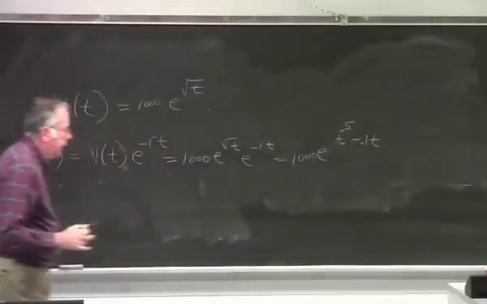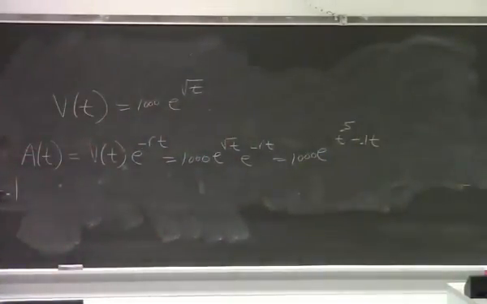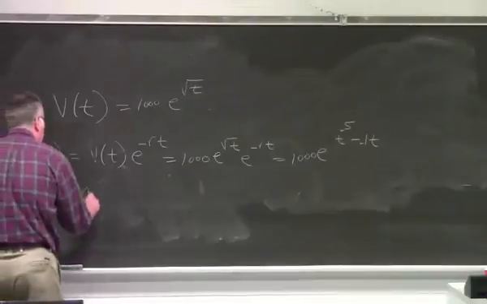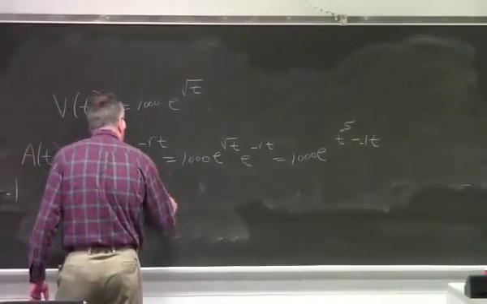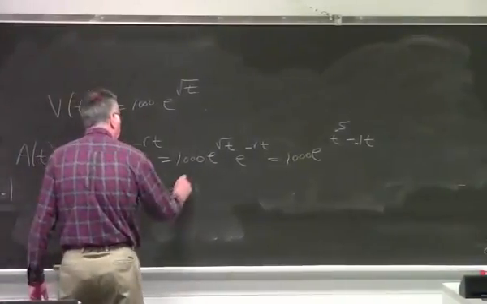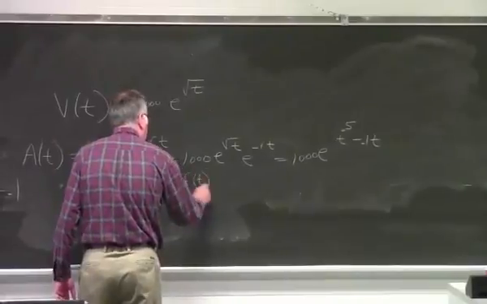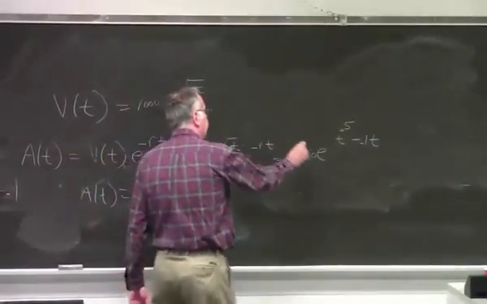Because if you write t to the 0.5 power, then you just use the power function rule to differentiate. So now this is in this form. A of t equals 1,000 times e, and let's just call this f of t, where f of t is this.